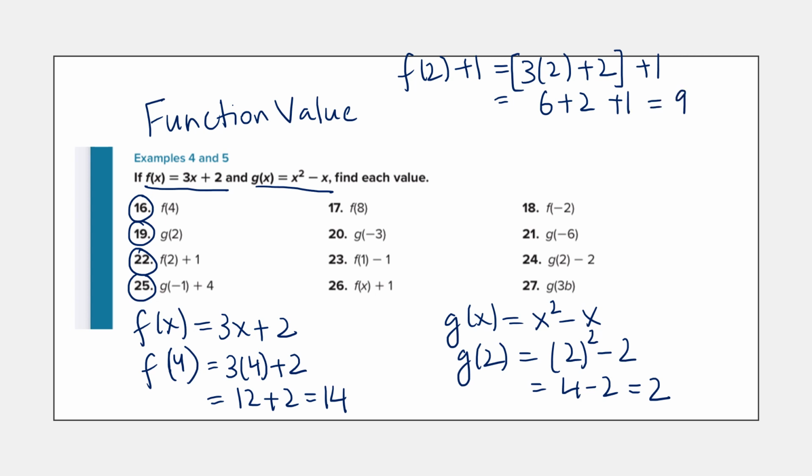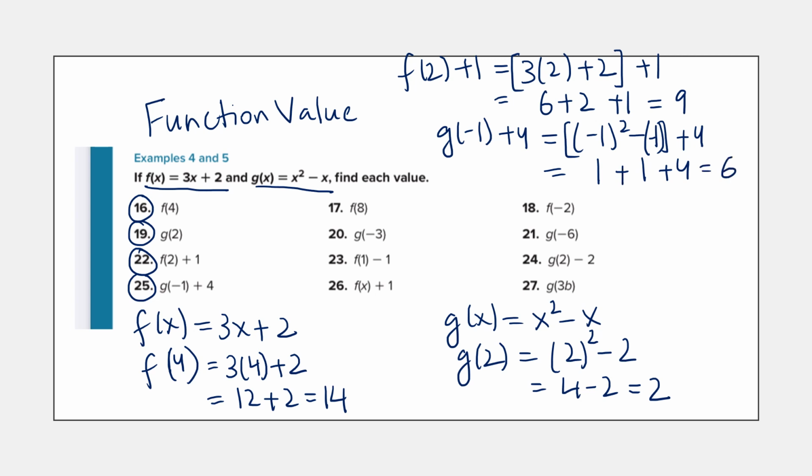Similarly, if you want to find g of minus 1 plus 4, then g of minus 1 would be (minus 1) whole square minus (minus 1), and you add 4 to it. So what is the square of minus 1? It is 1, minus of minus 1, so it will become plus 1, plus 4. So this total is 6.